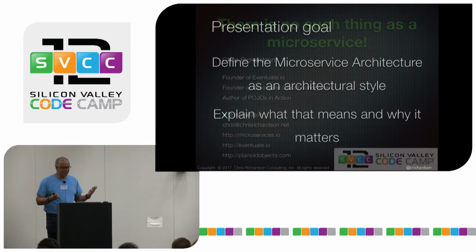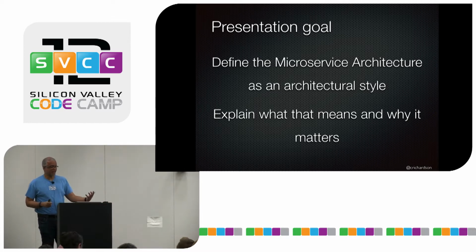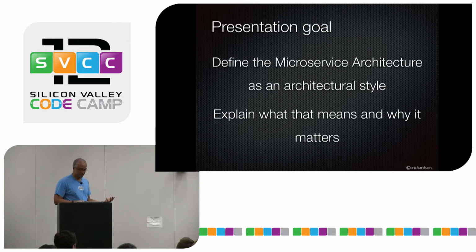The goal of the talk is to explain, in a more precise way, what I mean by the microservice architecture. I'm going to describe it as an architectural style, explain what an architectural style is, and then talk about why the microservice architecture, or specifically an architecture in general, matters.